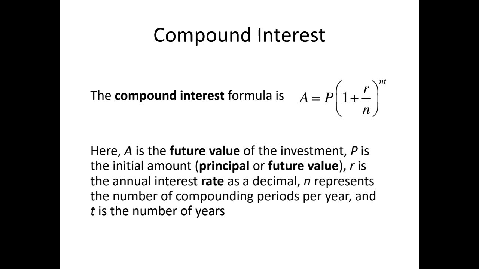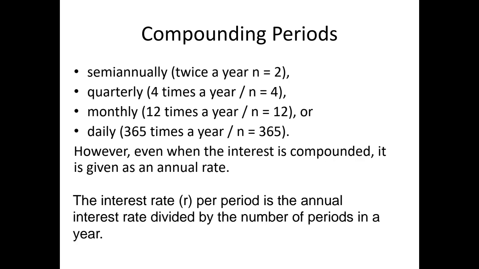Now there are several representations for n. So here they are. If you have a word problem and the problem says that the interest is being taken semi-annually, that means that it's twice a year. So your n would equal 2. If the problem says the interest is taken quarterly, the way I like to tell my students to remember this one is how many quarters are there in a dollar?